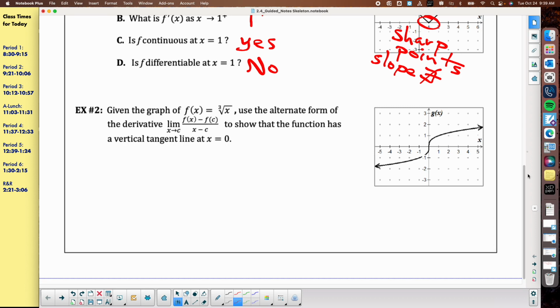Okay, given the graph of cube root of x, use the alternative form of the derivative to show that the function has a vertical tangent line at x equals 0. Owen, I was hoping you could help me fill this out.